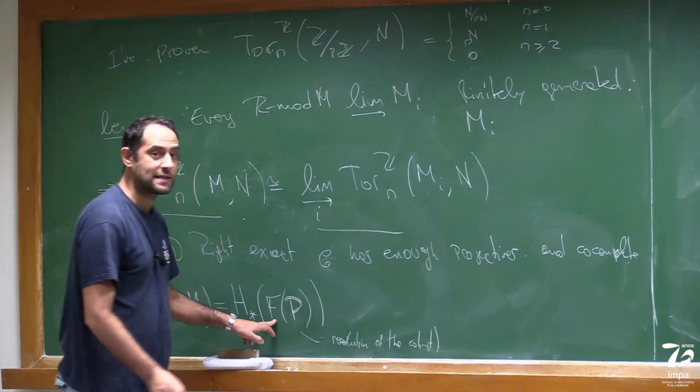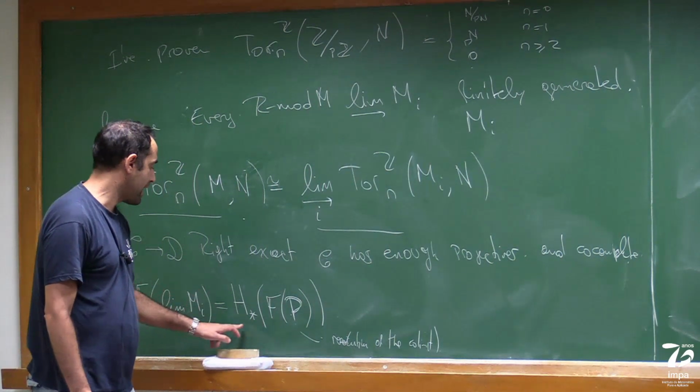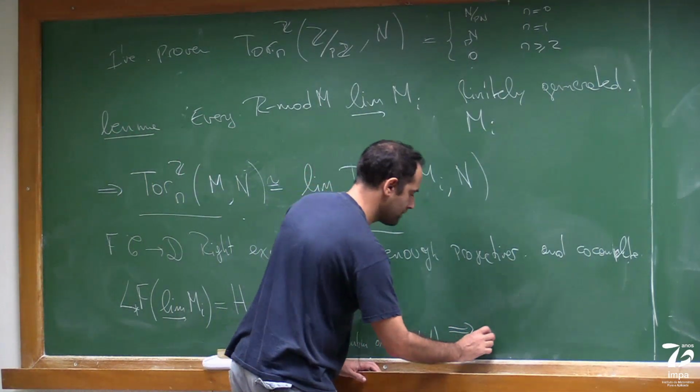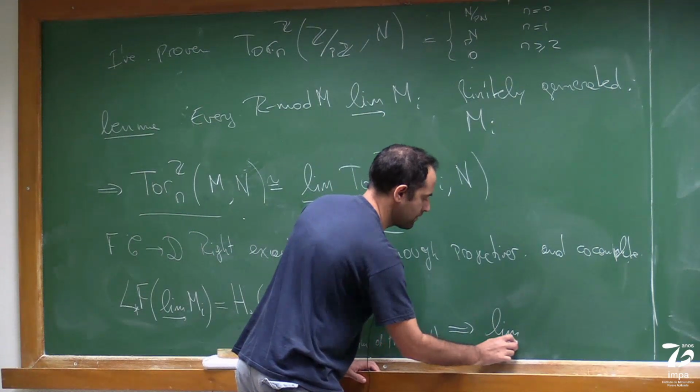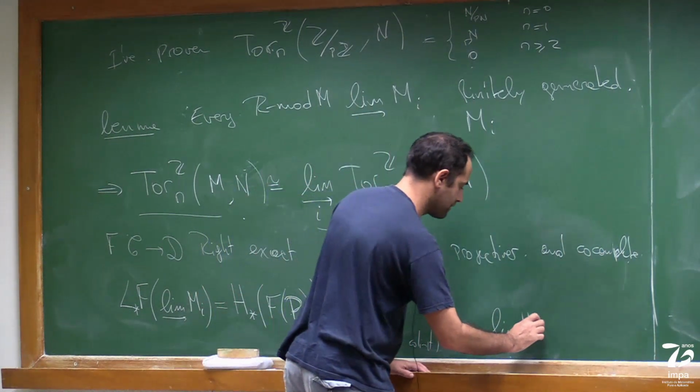Now, F is right exact. F preserves colimits, and H preserves colimits. So colimits commute with both of these.